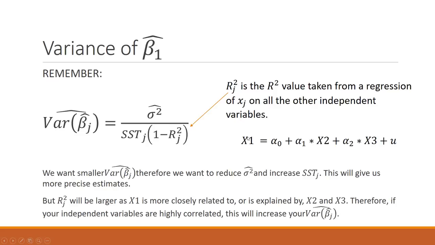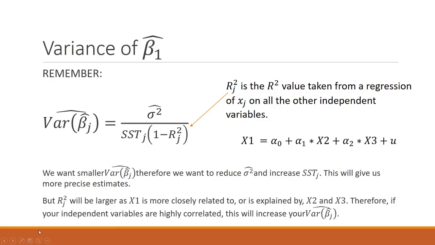So if we were looking at the case of x1, it would be the r squared taken from the regression of x1 on x2 and x3. All right, we want smaller variation in this beta j hat. Therefore, we want to reduce sigma squared and increase SST. This will give us more precise estimates. All right, that's what we talked about before.